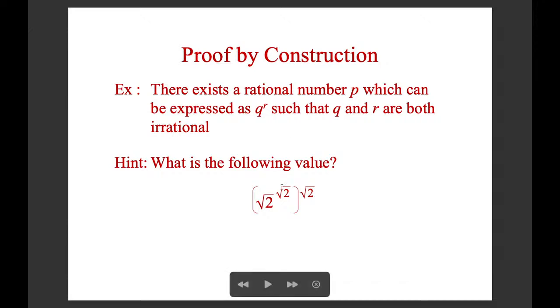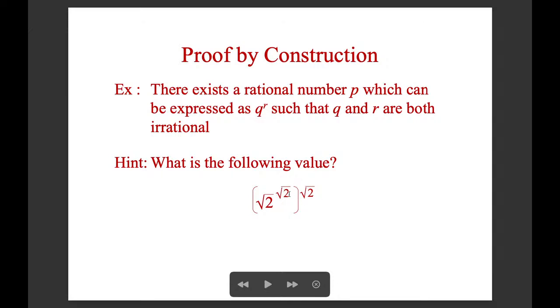So how can we show this? We are going to consider this value: square root 2 to the power square root 2. This is a single number, and then we raise it to the power square root 2. Using algebra, x to the power y and then to the power z is equal to x to the power y times z. So square root 2 to the power square root 2, raised to the power square root 2, is the same as square root 2 to the power square root 2 multiplied by square root 2.